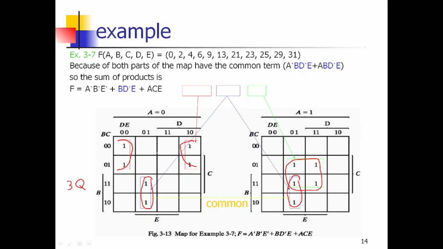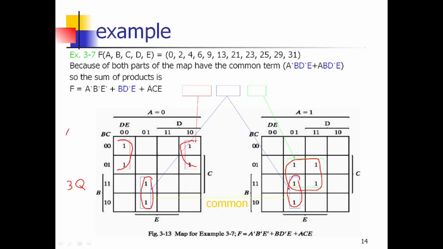For this quad, what is the term obtained? First we have to consider A dash, and the different variable here is C dash plus C, which becomes 1, and here we are having B dash.